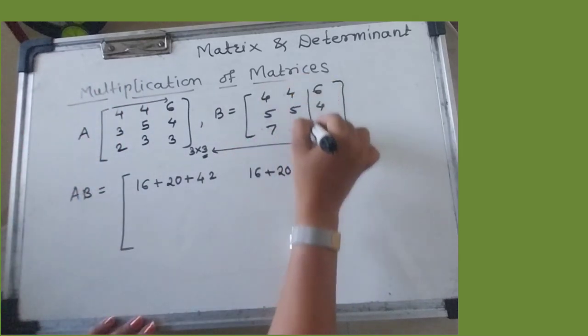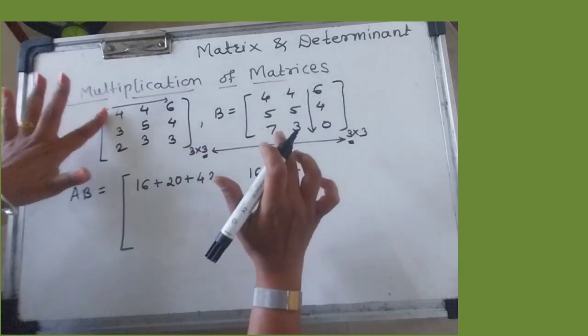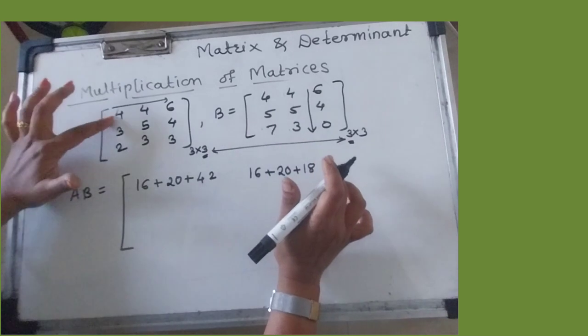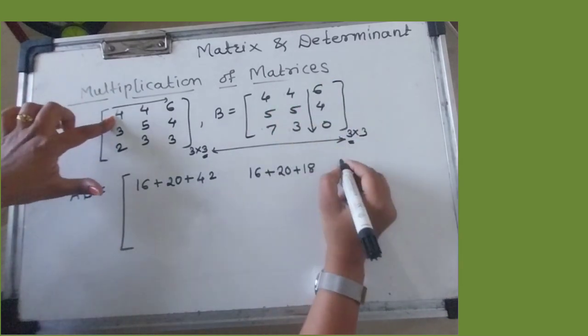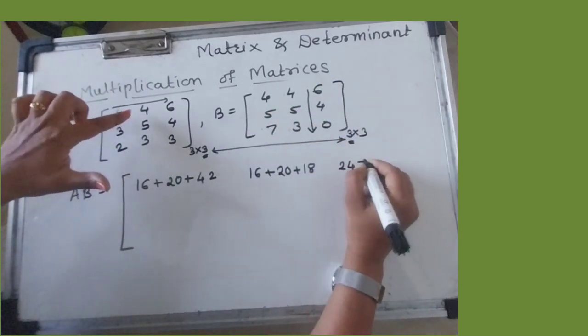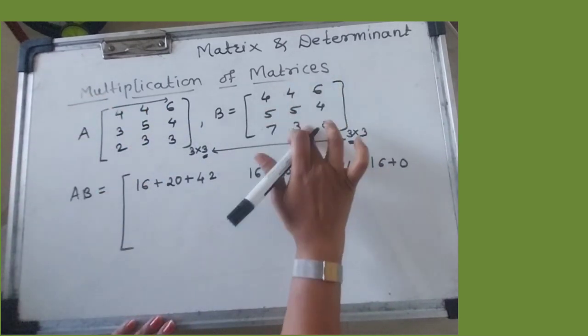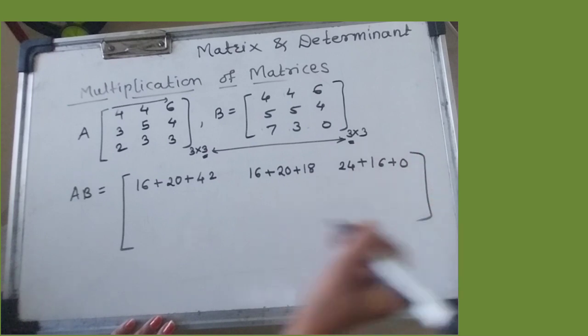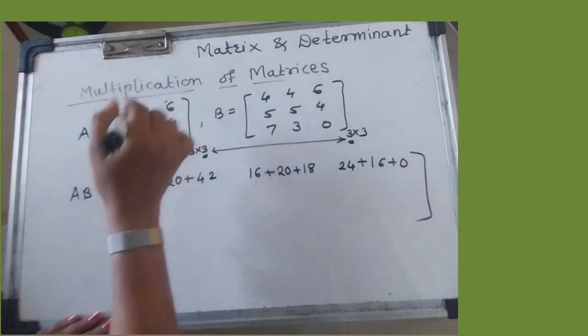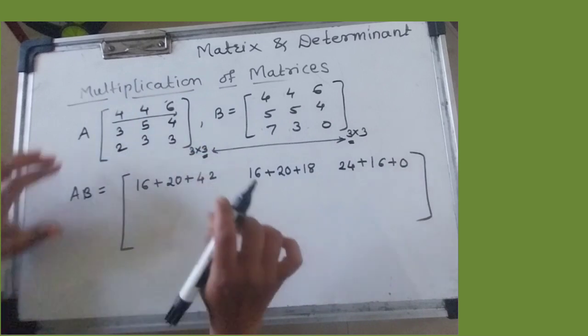Shift the column. This keep as it is. 4 into 6, 24, plus 4 into 4, 16, plus 6 into 0 is 0. There is no column. Close the matrix. Now shift the row. Clear?